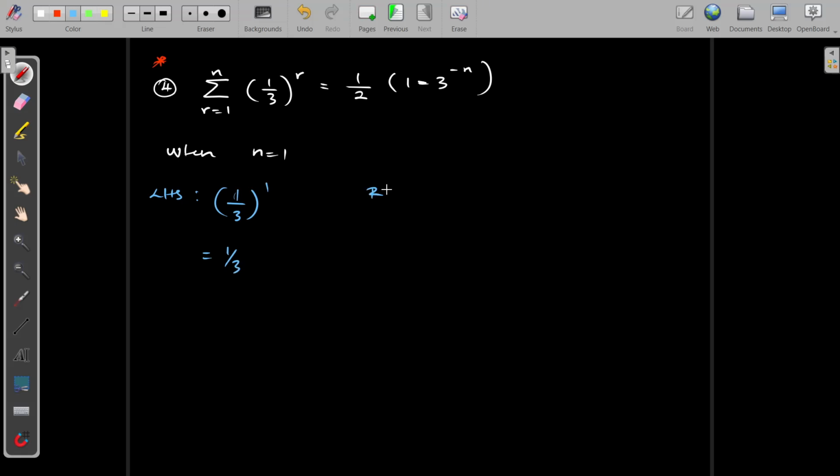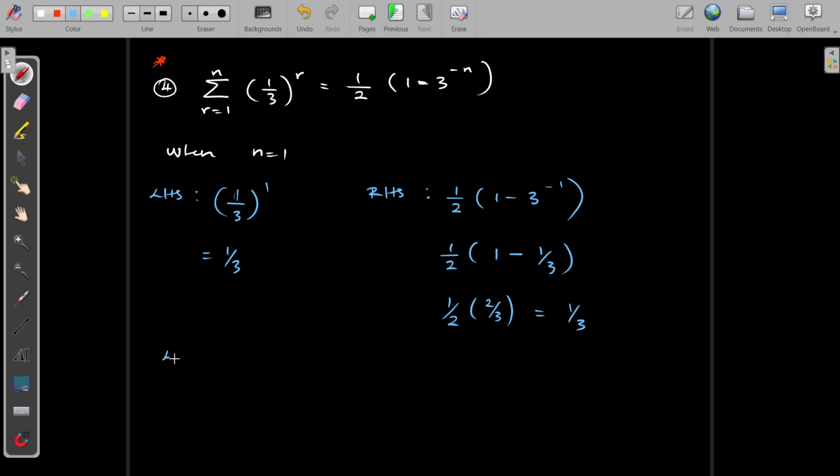And our right hand side will give us 1 over 2 times 1 minus 1 over 3, 1 over 2 times 2 over 3, which is just 1 over 3.